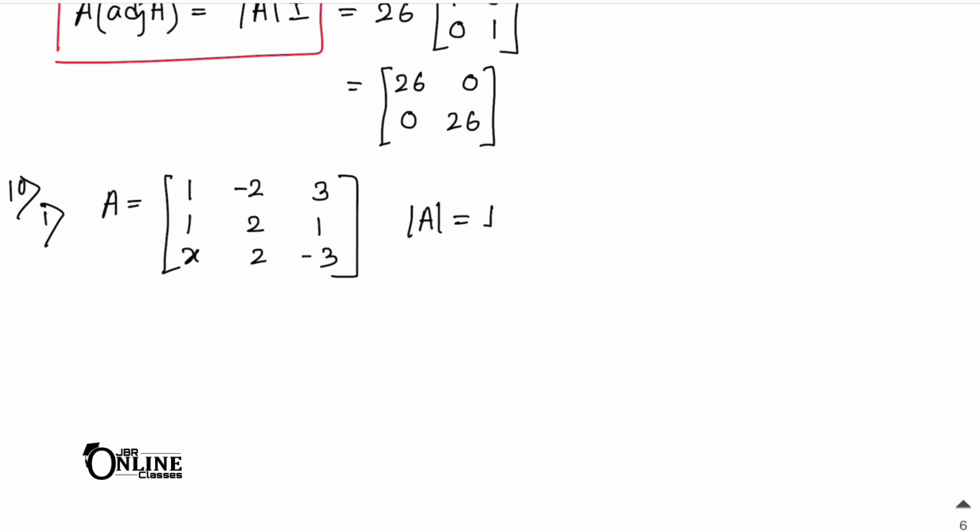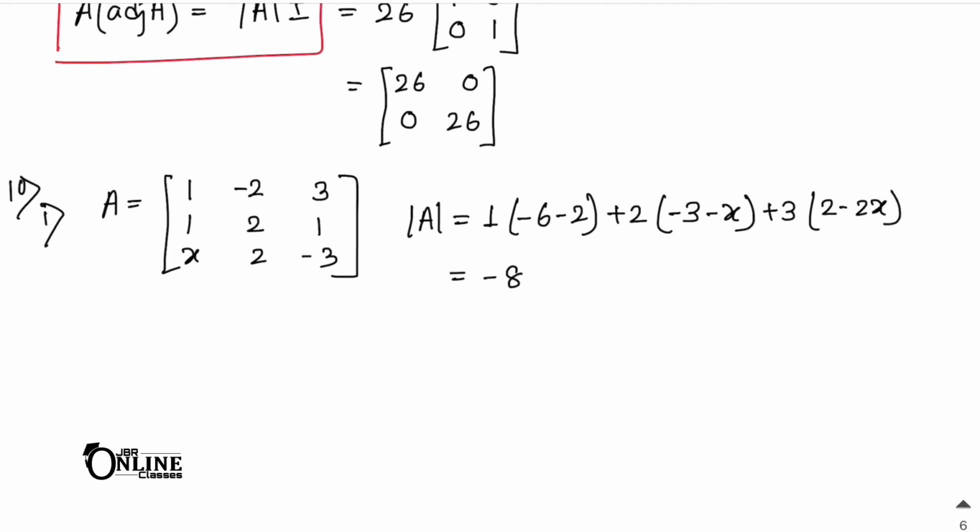So det A will be 1 into minus 6 minus 2, then plus 2 here because it's minus, so it will be minus 3 minus x, and the last one, 3 into 2 minus 2x. So it's minus 8. Here it will be minus 6 minus 2x, then 6 minus 6x.